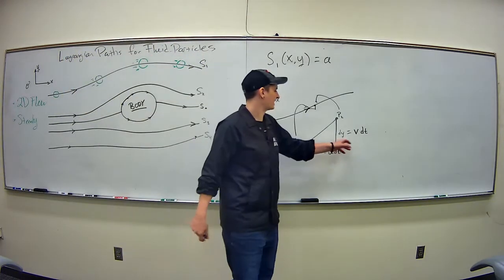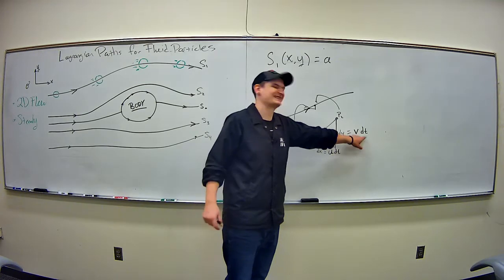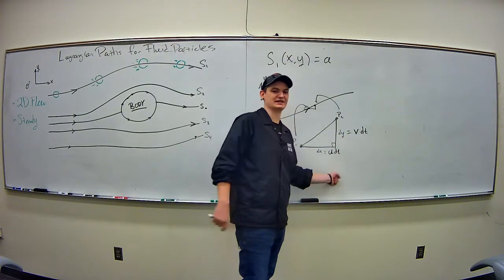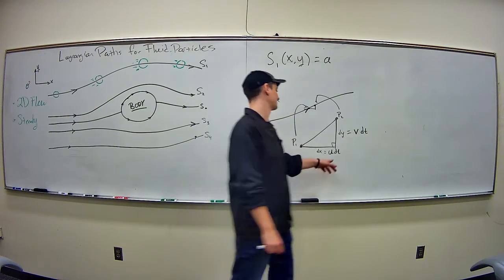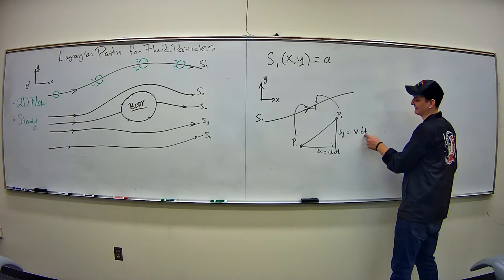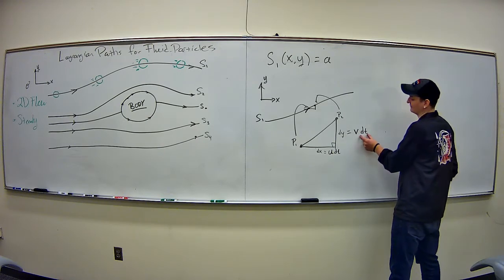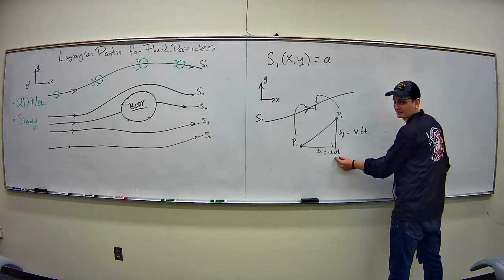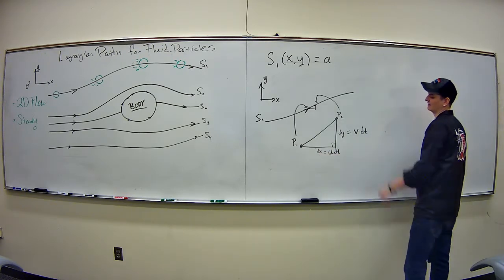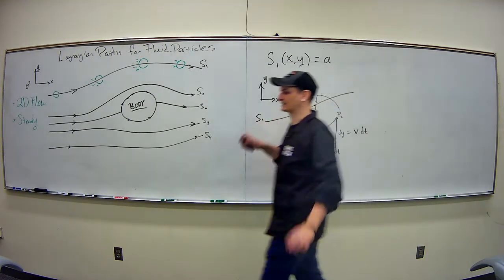And then a little change in y had to be the velocity in the y direction times the same amount of time. So I can't measure time differently in these two to get this triangle. It's actually pretty important that these dt's are the same dt. This isn't 5 seconds, this isn't 1 second. They're the same. A dx is from the relationship of velocity times dt, and if you look at the units, that's how it works out as well.